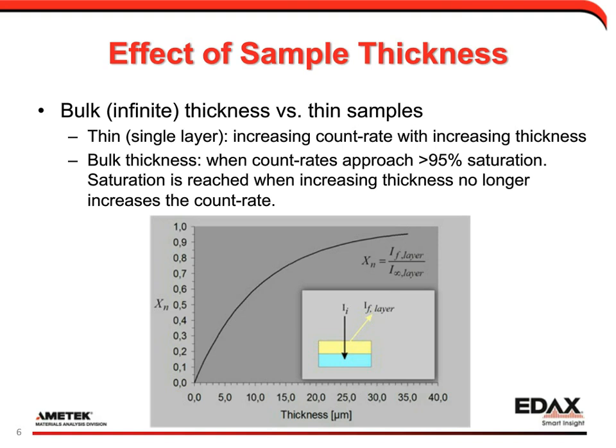And in that case, you have signal response which is linear. So the thickness versus intensity follows a linear relationship, where the intensity increases relatively linearly with the thickness of the sample. So you have two different instances.